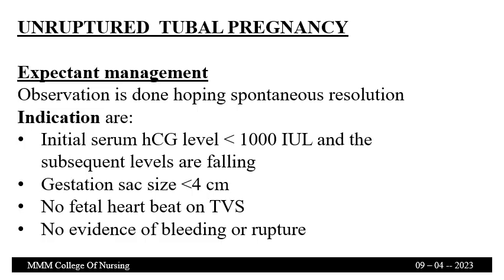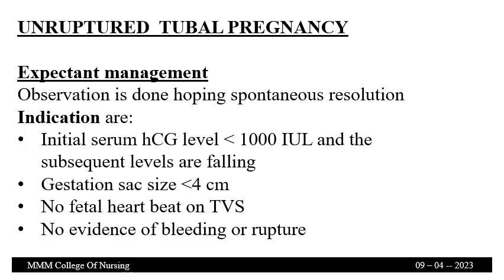Next, unruptured tubal pregnancy. The management will be expectant management. Observation is done, hoping for spontaneous resolution. Indications are an initial serum HCG level less than 1000 international units per liter and subsequent levels falling. If the serum HCG level is less than 1000 and the next readings are reducing, then we can wait and observe.